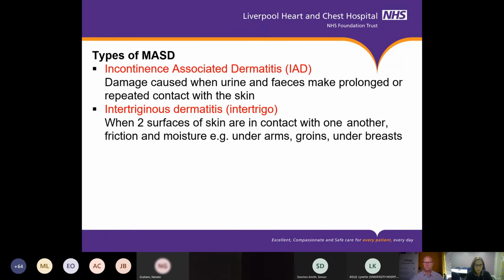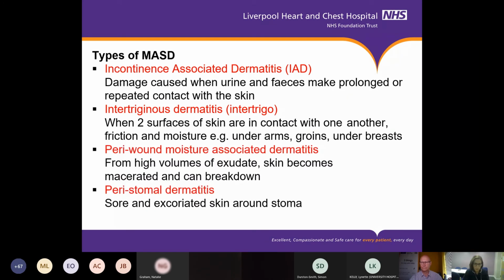And intertriginous dermatitis, often shortened to intertrigo, is when you've got two surfaces of skin in contact with one another, and the friction, the rubbing, and the moisture build-up between the two surfaces causes soreness and a condition called intertrigo. We commonly associate this with the natal cleft between the buttocks, underarms, groins, and under breasts.